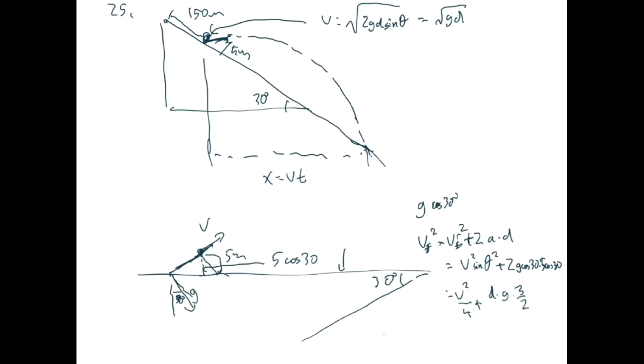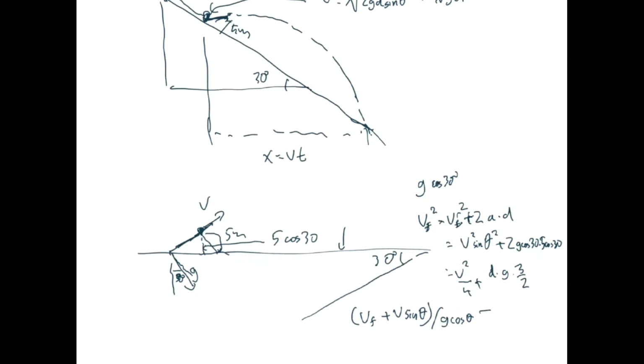So we can find its final velocity, and this is its change in velocity. So this is its change in velocity divided by the g cosine theta. That's its acceleration. We should get the time.